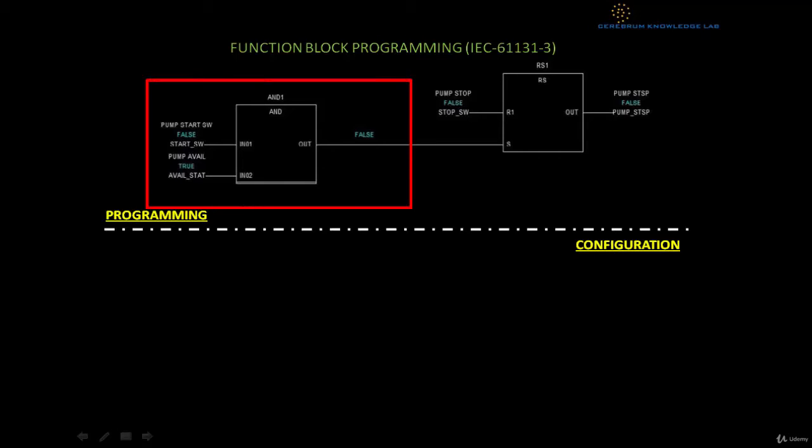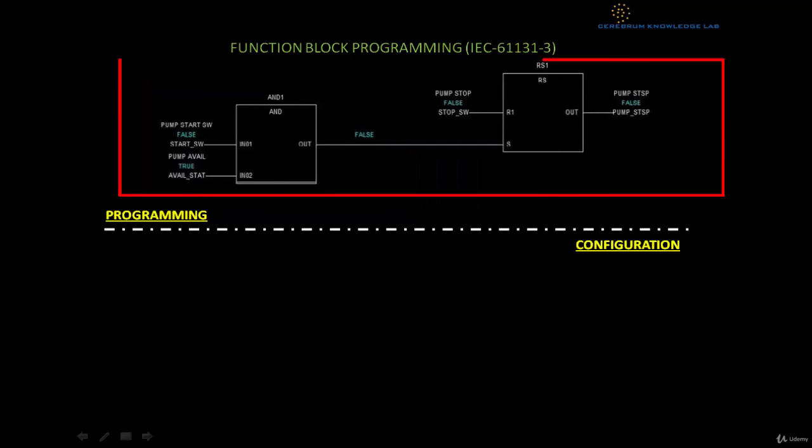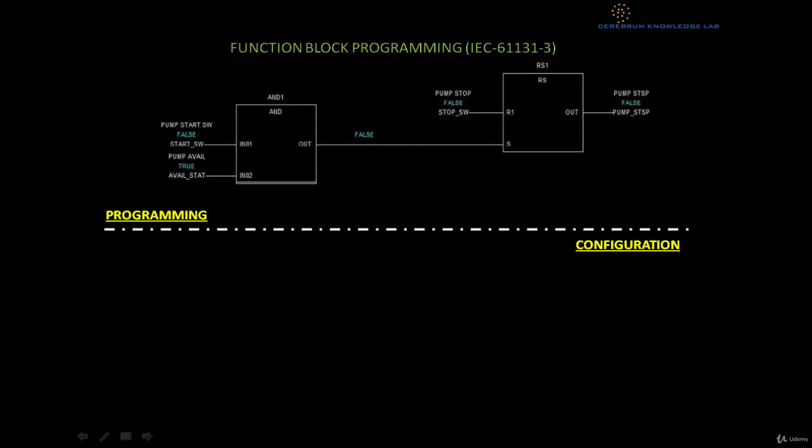Once the PLC programming, testing and debugging is complete, the program will be downloaded to the PLC of choice that is required for the specific process requirement. It is now in the PLC configuration phase.